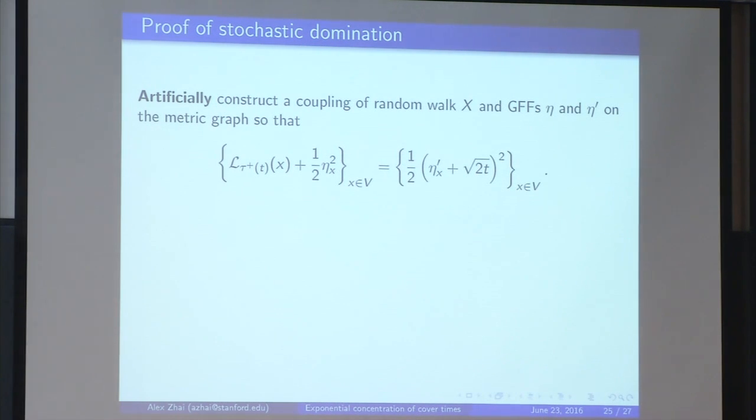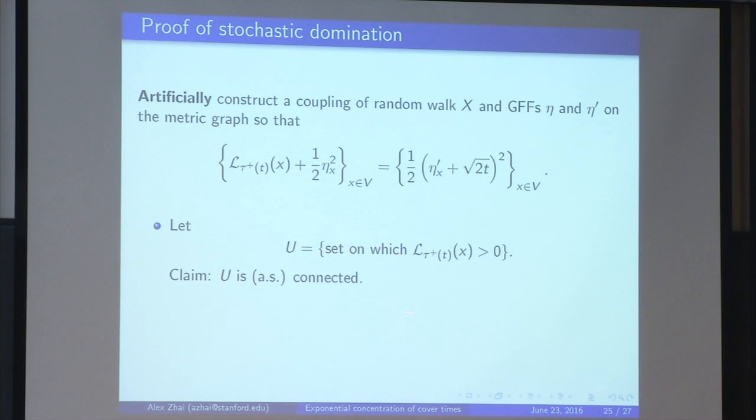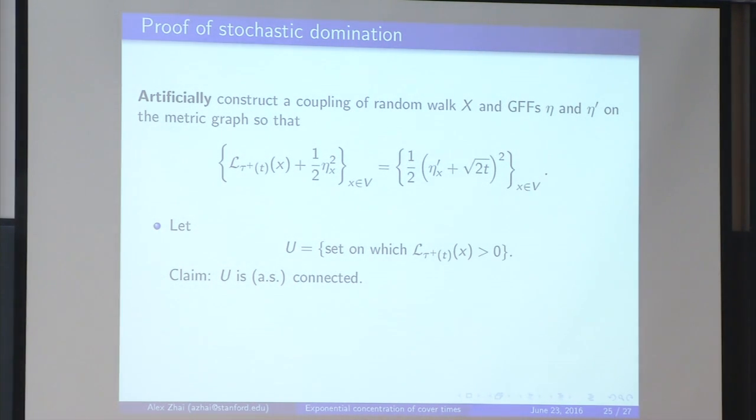to be equal. And then the point is, now let's consider the set on which the local times are positive. For the metric graph, because we took a limit, they're actually like local time densities, so it's a little bit different from the original setting.